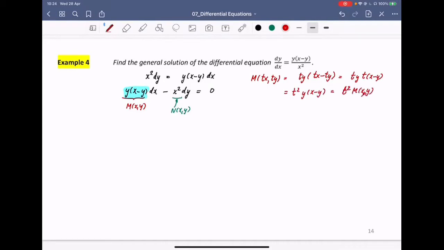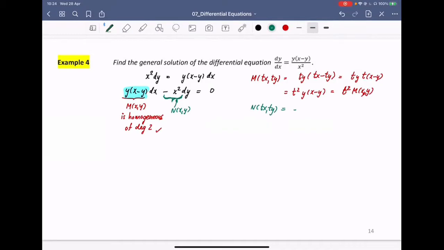So you know that this is homogeneous of degree 2. All right, you got that. And then let's look at N(tx, ty). The N here is going to be negative x squared, everything including the negative sign.